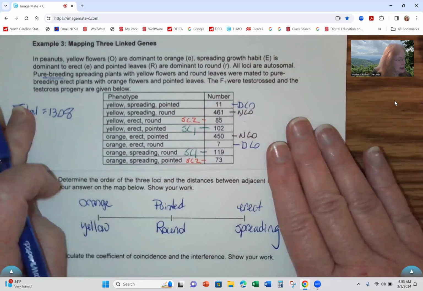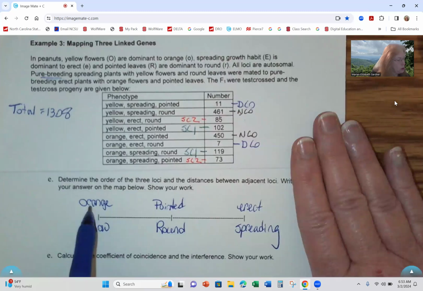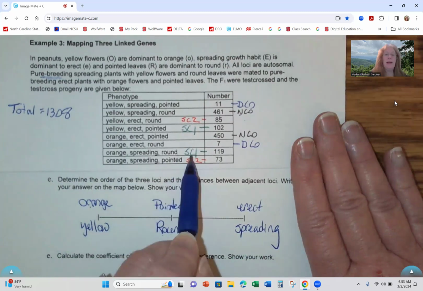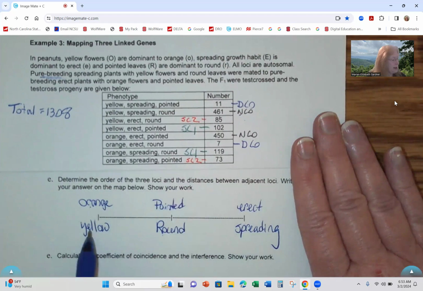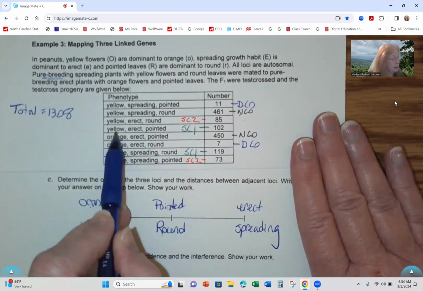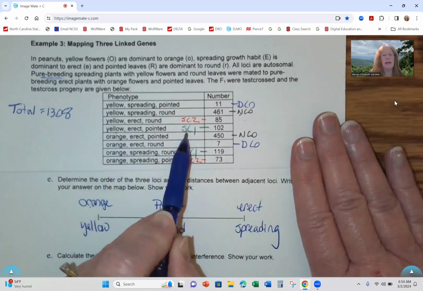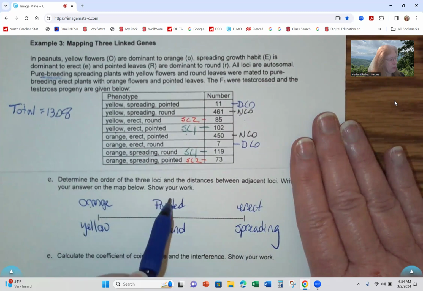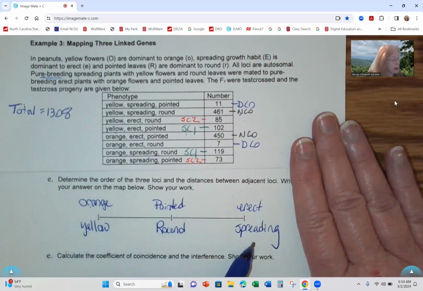So let's see. Orange, cross in region 1, round, stay down, spreading. So orange spreading round, that's going to be an SC1. The other one starts at the bottom, yellow, cross up in region 1, pointed, erect. Yellow, erect, pointed. That's also an SC1. For the double crossovers, orange, stay up, pointed, cross down spreading.